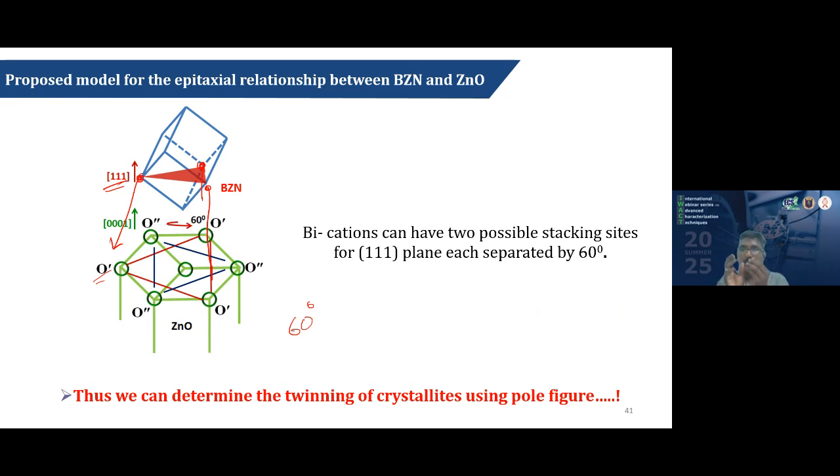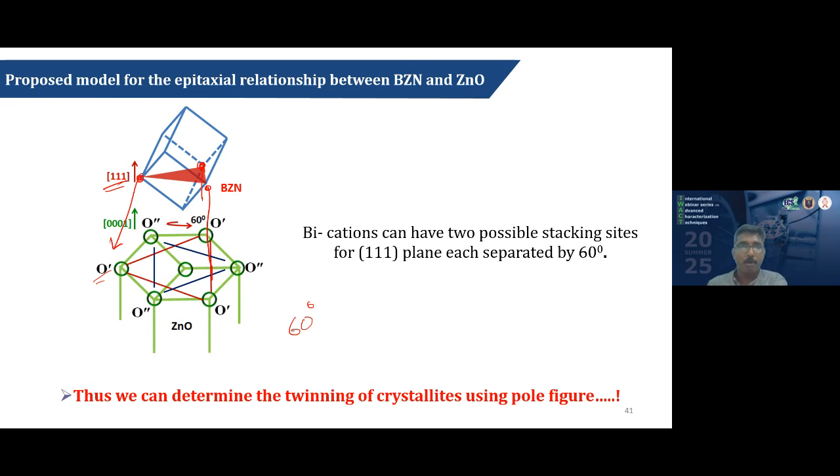These 2 equally probable stacking sites for bismuth, represented by O dash and O double dash, give rise to twinning of the BZ and 222 peaks. That means BZ and 222 planes are twinned, that is, rotated along the sample surface.